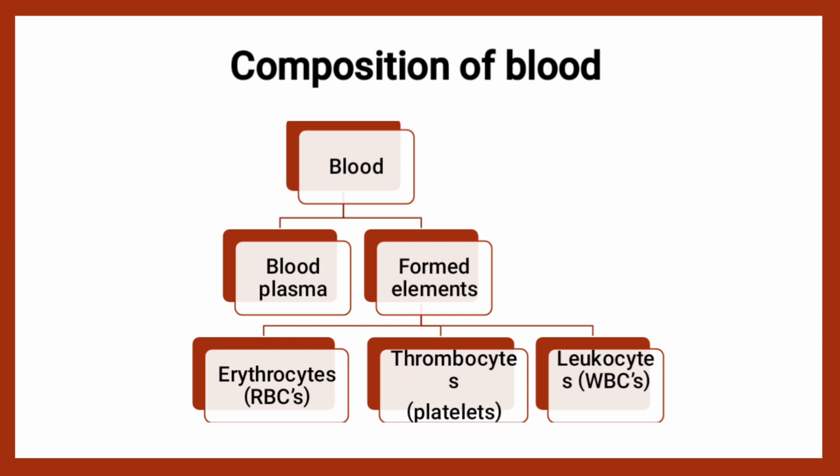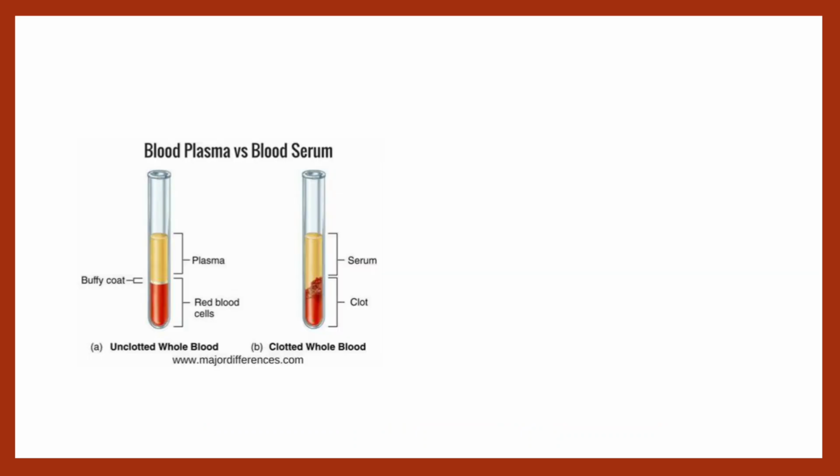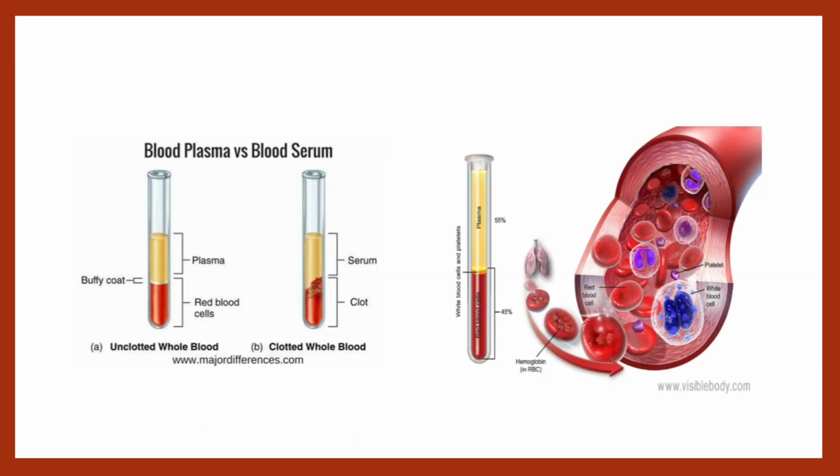Composition of the blood. Blood contains blood plasma and formed elements: erythrocytes, thrombocytes and leukocytes. Erythrocytes are also called RBCs, thrombocytes are also called platelets, leukocytes are also called WBCs. Now, blood plasma versus blood serum.